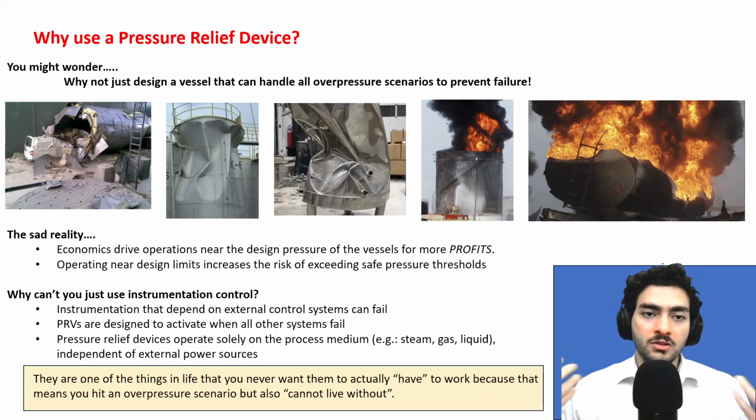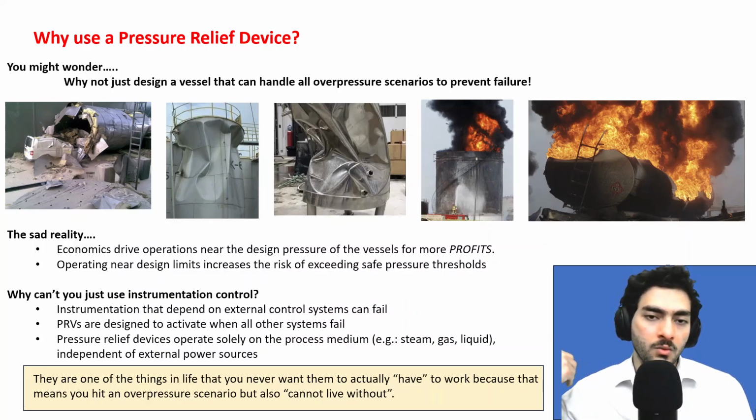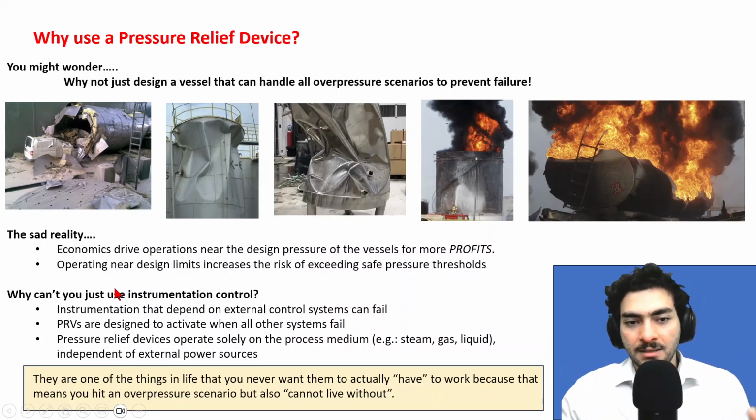And so in order to get a higher return on investment, you need maximum throughput, you want maximum yield, you want higher flow rates in these plants, and that pushes the plants to run at near the design pressure of the equipment.